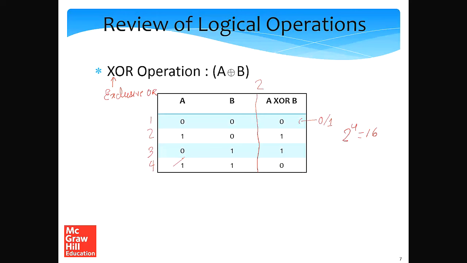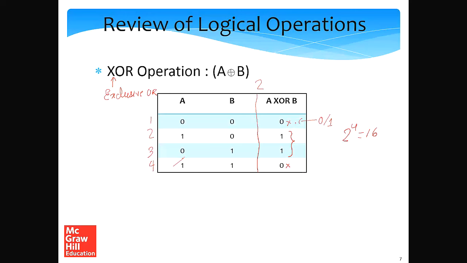As we can see in the first row, both A and B are 0 and 0, so A XOR B is 0. Similarly, in the last row, both A and B are 1 and 1, so A XOR B is also 0. But in the middle two rows, the second row and the third row, A is 1 and B is 0, or alternatively A is 0 and B is 1. As a result, in these two rows A XOR B is equal to 1, and in the rest of the two cases A XOR B is equal to 0.